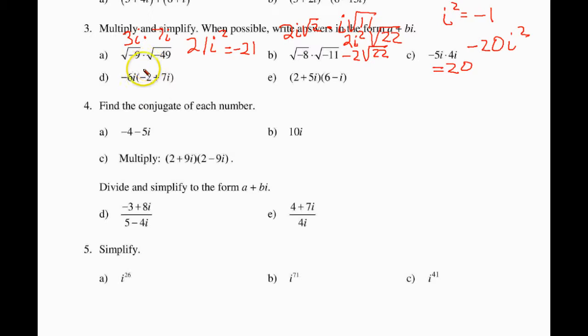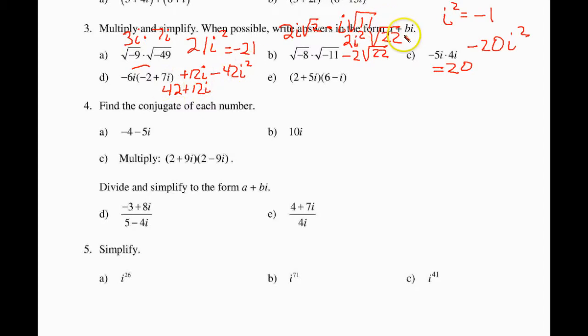In letter D, we're just going to distribute. This is going to be a positive 12i, just multiplying these. And this is going to be a negative 42i squared. And we said i squared is a negative 1. So this becomes 42 plus 12i.